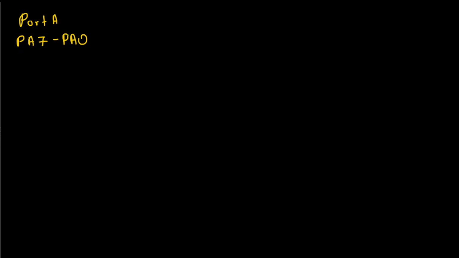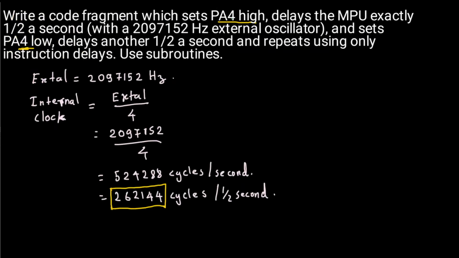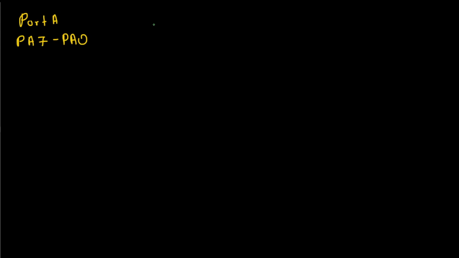So the one we need to load is PA4 high. To calculate it, we just take the PA number, in this case 4, so we put 2 to the power 4, that is 16. So we have to load 16 in the coding.